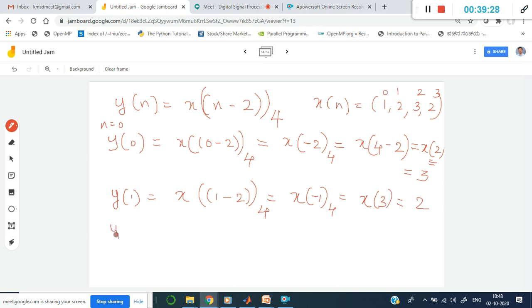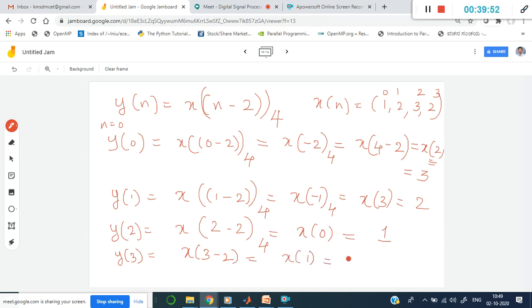Similarly put n equal to 2. So this will be x of 2 minus 2. There is no negative here because I directly got a 0. So this is x of 0 itself, that is 1. The last one, y of 3 value, is x of 3 minus 2, that is nothing but x of 1.